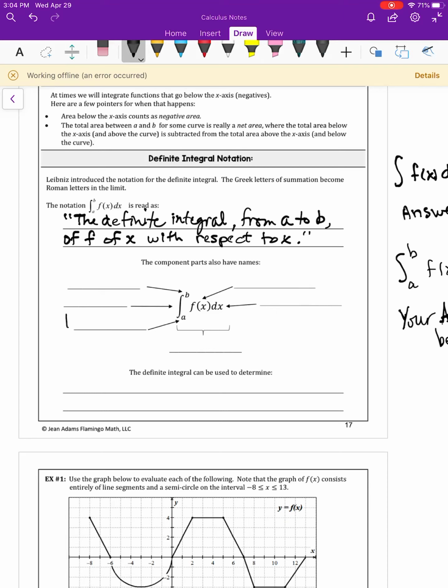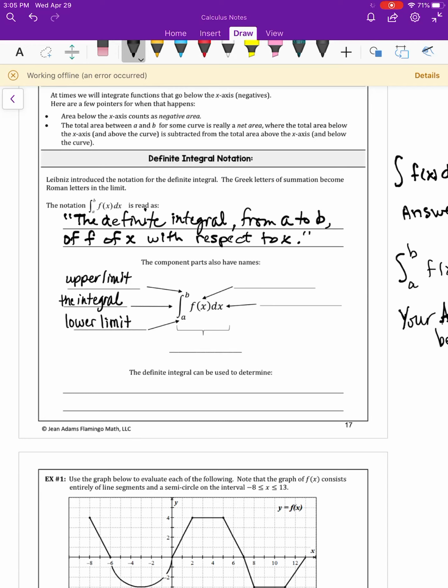So now, here are the component parts. I'm going to start with the a. That is my lower limit. This sign looks like an elongated S, though it's not a summation sign. That is my integral.